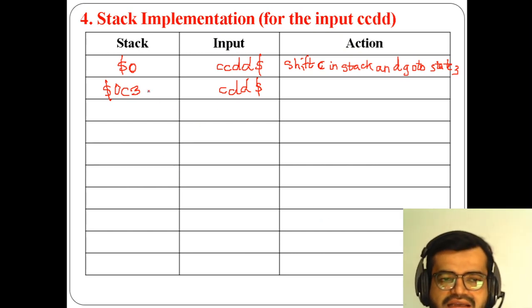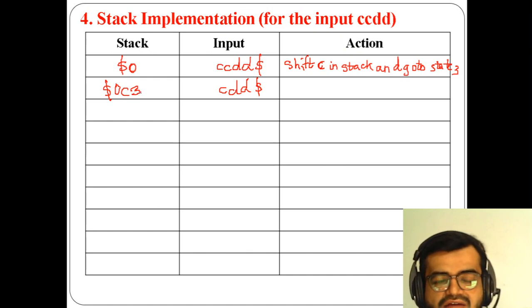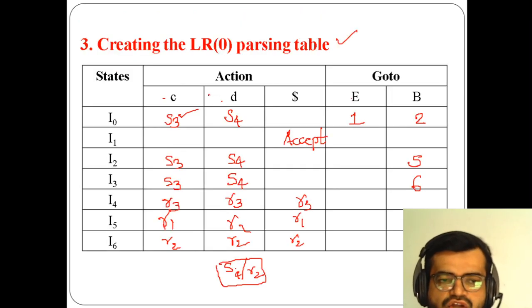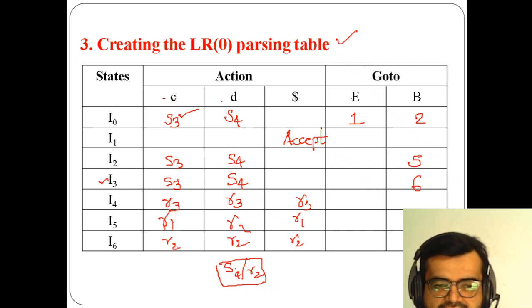The next thing is that again we are in the third state, not the 0th state, because the top of the stack is the third state. So the stack will refer to the third state for the value C. If you go with this table, in third state, this is I3, where C is there.